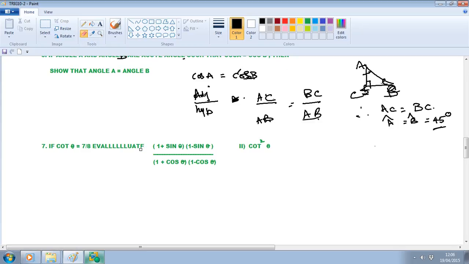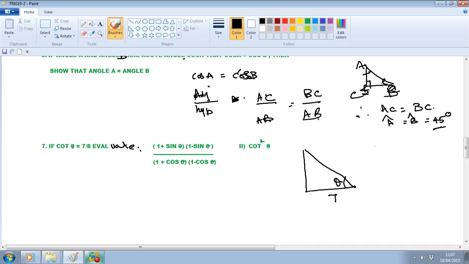So we will try to evaluate this one: 1 plus sine theta multiplied by 1 minus sine theta, divided by 1 plus cos theta multiplied by 1 minus cos theta. Okay, we can do it in two ways. Cot theta is given. Let us draw the diagram. Cot theta is equal to 7 by 8.